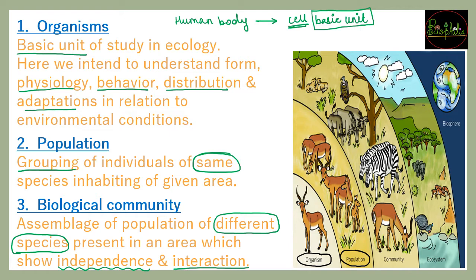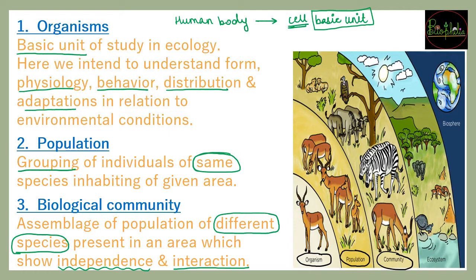If you consider the topic of community, community यानी जहाँ पे different species है, like in the jungle there are going to be deers, there are zebras, there are horses, there are donkeys, many things are going to survive together in a single area.